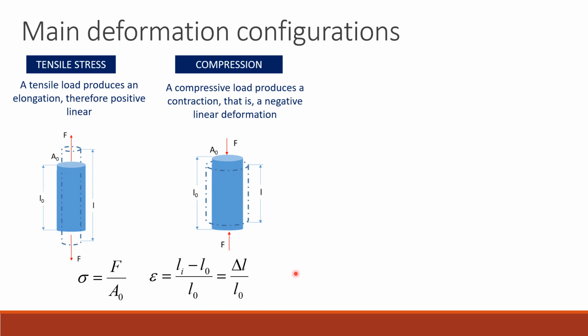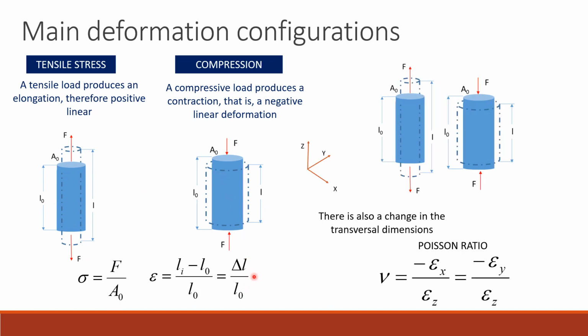In the case of tensile stress, this is an elongation. In the case of compression, of course, the final length would be less than the initial length. When I either stretch, pulling out, or compress a material, you will see that there is also deformation in the cross direction, not only in the direction I'm applying the force, but also in the transversal dimension.